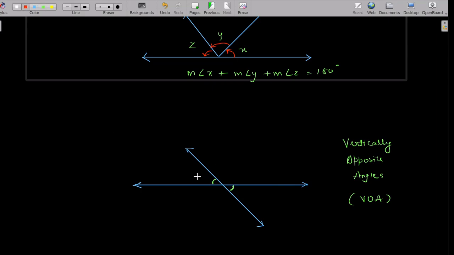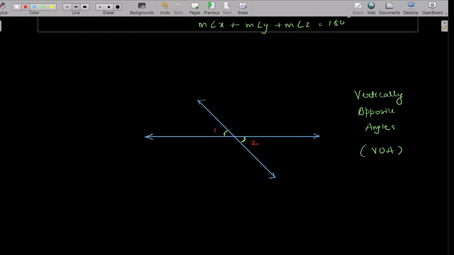So if this one is angle 1 and this one is angle 2, then angle 1 will be congruent to angle 2. Similarly, there will be one more pair. One of the pairs will be a pair of obtuse angles, and the other a pair of acute angles.